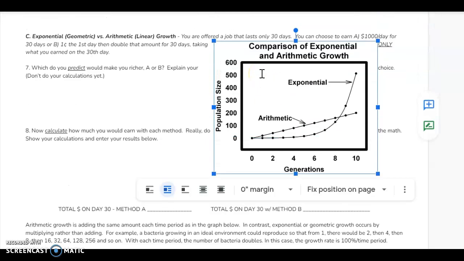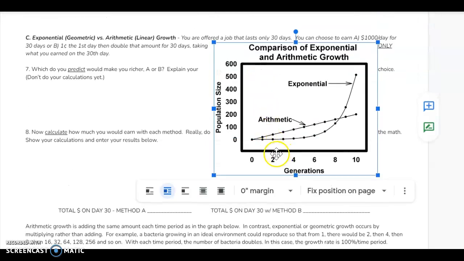And we could kind of check that out. On arithmetic, you are seeing with every 2 generations the same amount of increase vertically in the direction of the y-axis. So that makes sense. Here you have change starting out very slowly, and then it just skyrockets.